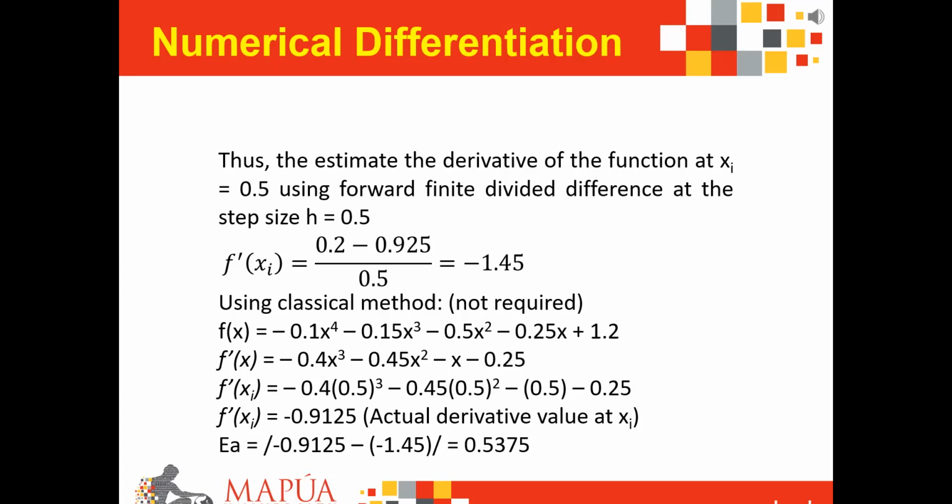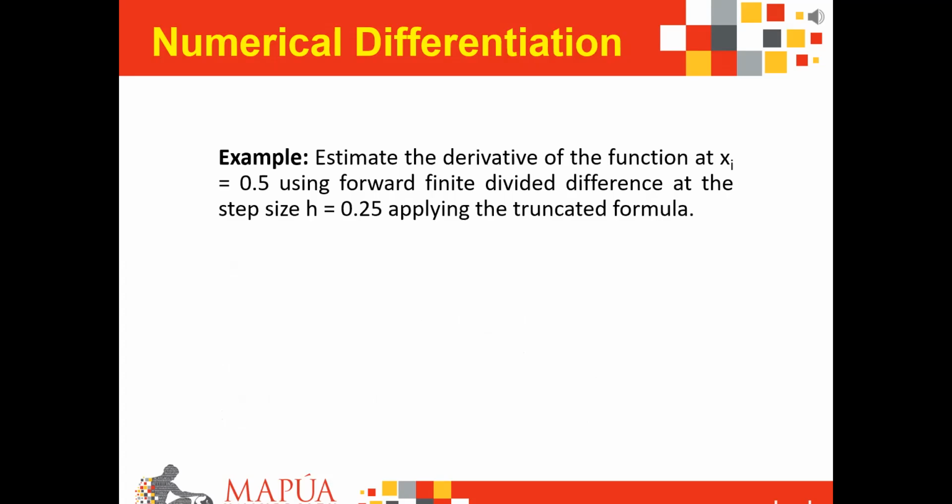Thus, based from our graphical depiction, in order to have a more accurate derivative estimate, we could simply lower down this step size h. Let's apply then that same forward finite divided difference truncated formula onto our given function, this time with a step size of 0.25, which is much lower than your previous 0.5.